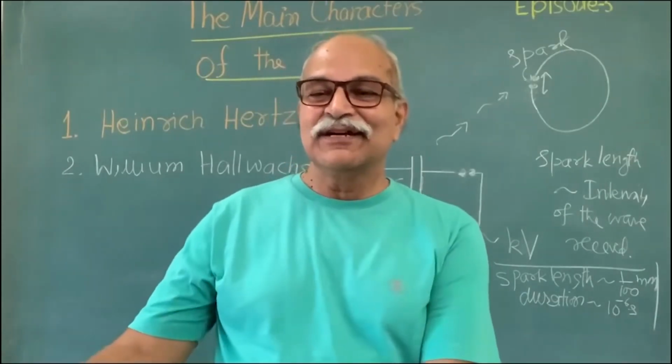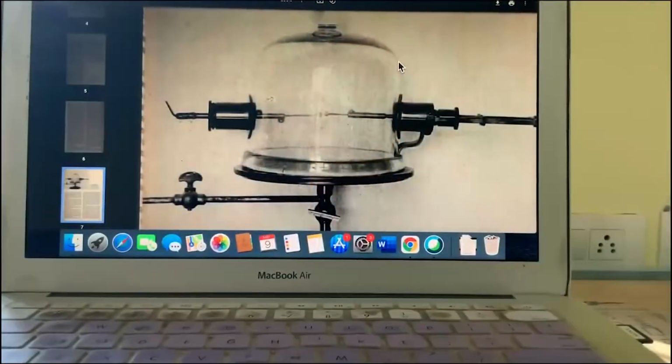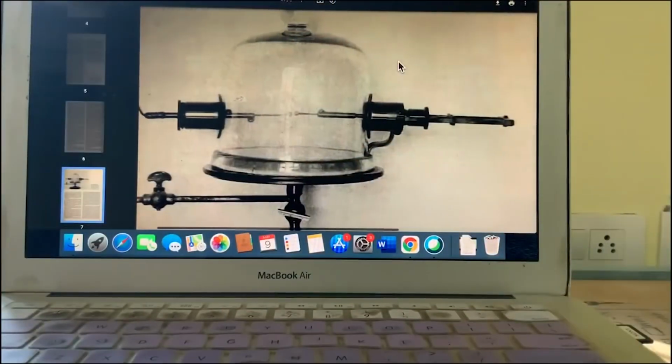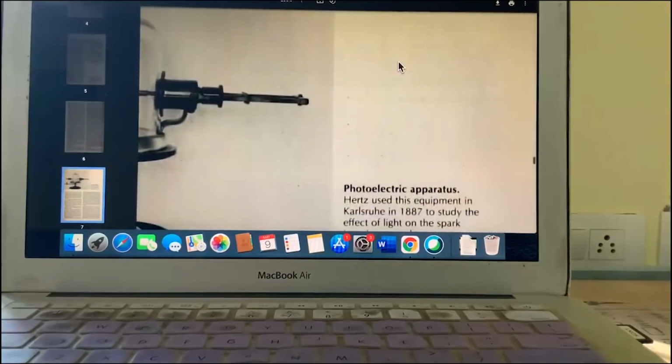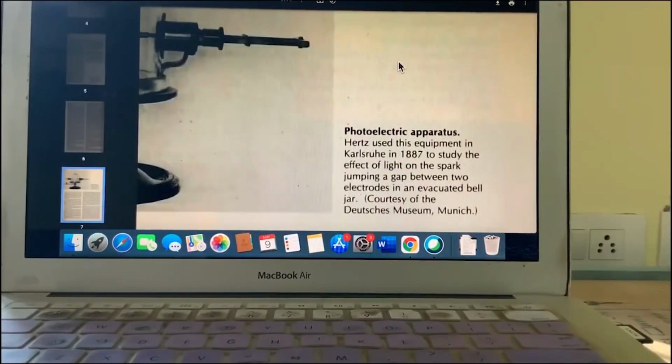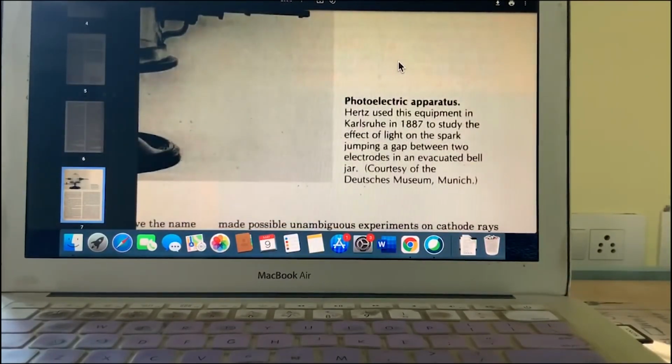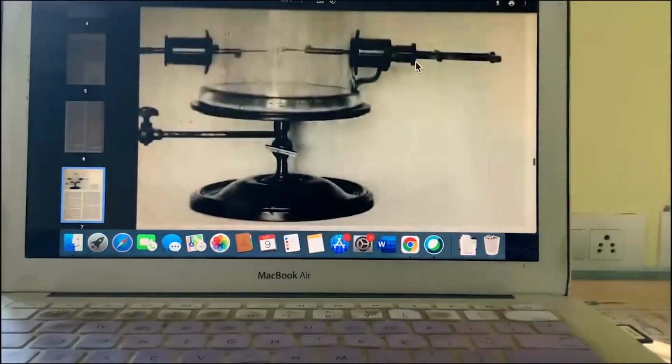Just see the apparatus. So this is the original apparatus, and the article says that Hertz used this equipment in Karlsruhe in 1887 to study the effect of light on the spark jumping a gap between two electrodes in an evacuated bell jar. So this is in this museum in Munich.